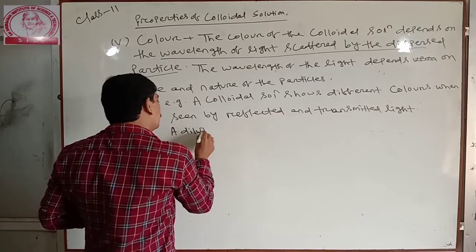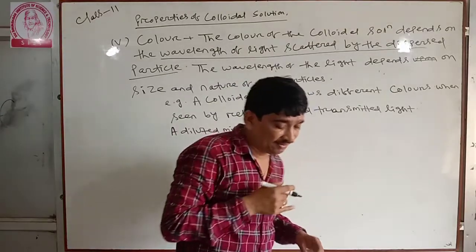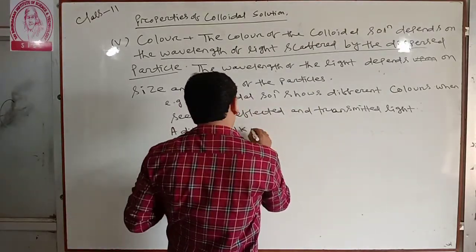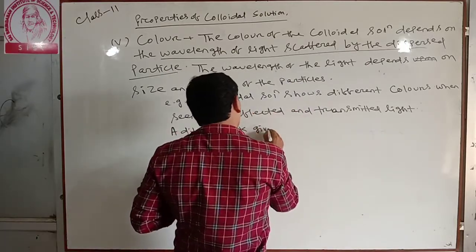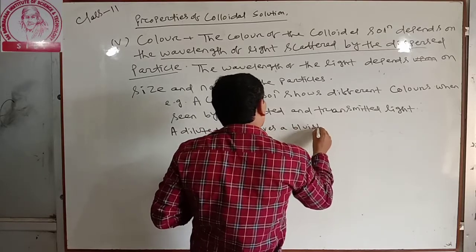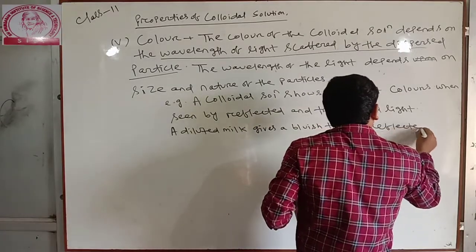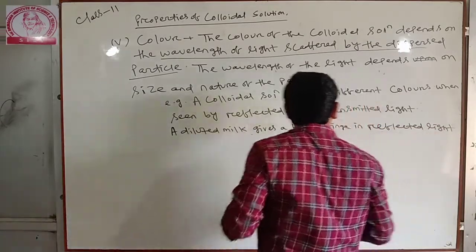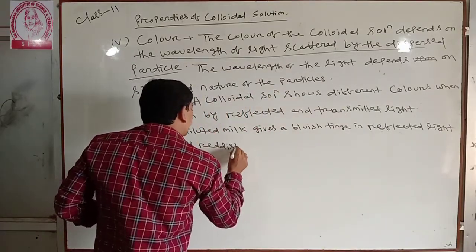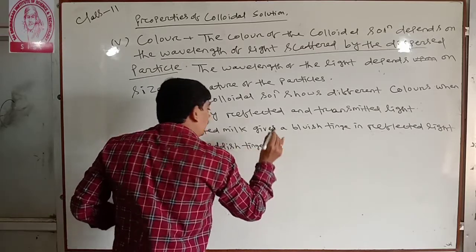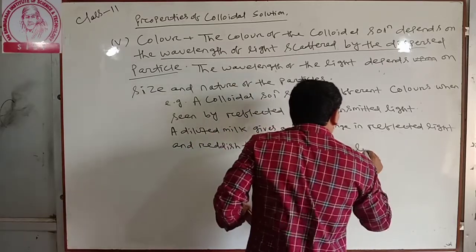Diluted milk gives a bluish tinge in reflected light and a reddish tinge in transmitted light.